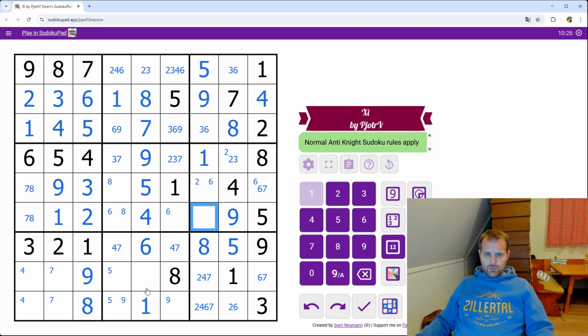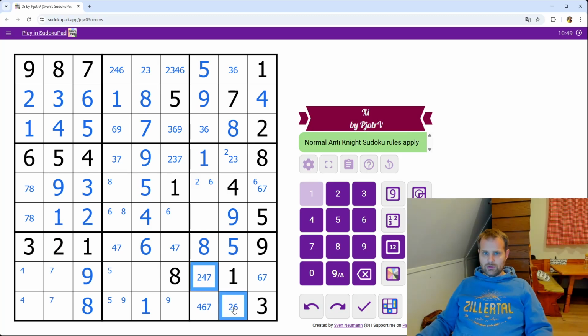The twos are somewhere here. And that's interesting because then this can't be a 2 anymore. The 2 is in one of these. And they all look at this one. So this can't be 2 anymore.